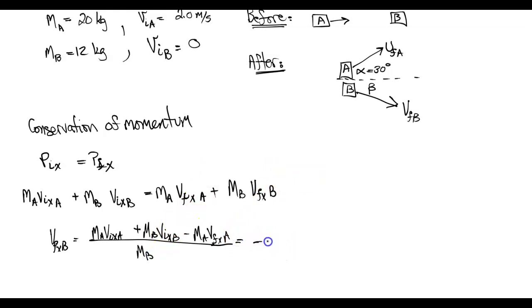And if we plug in these values that we are given, we get 20 kilograms times the initial velocity of A was 2 meters per second plus mass of B is 12 kilograms.